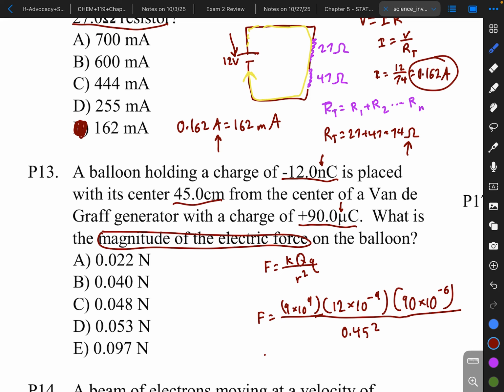Just plug everything in. You should get a force of 0.048 newtons. So your answer to number 13 is C.